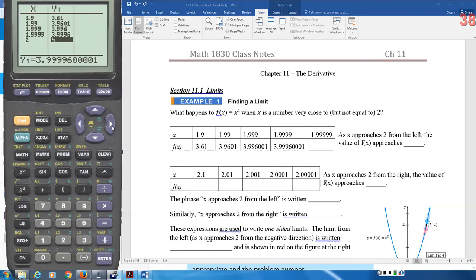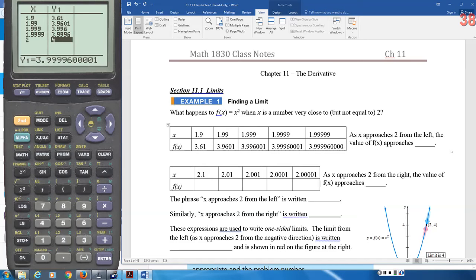But if I move over to the y equals, that wasn't exactly 4 either. That was 3.99996000001. Now all you're doing is arithmetic.